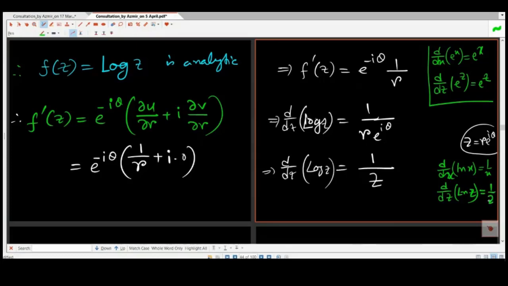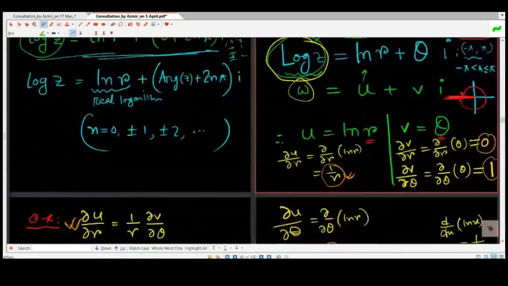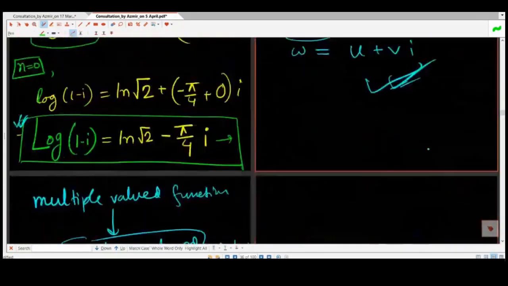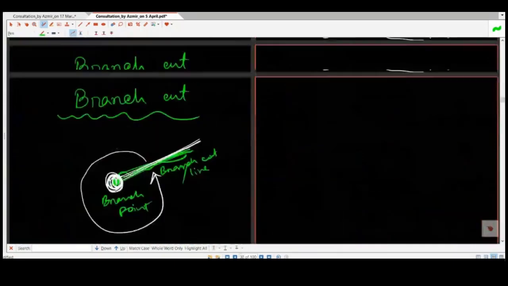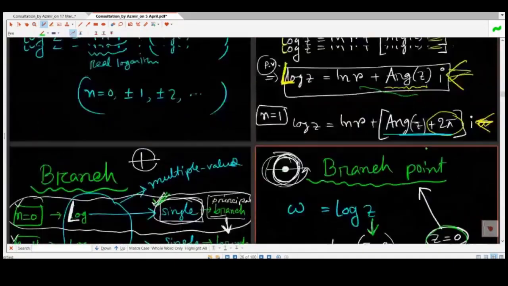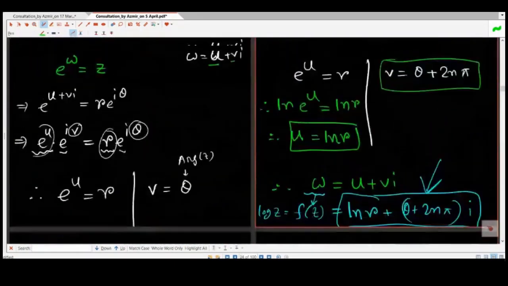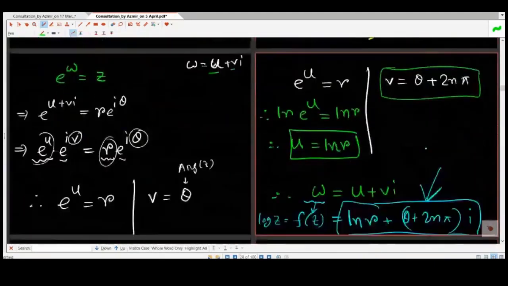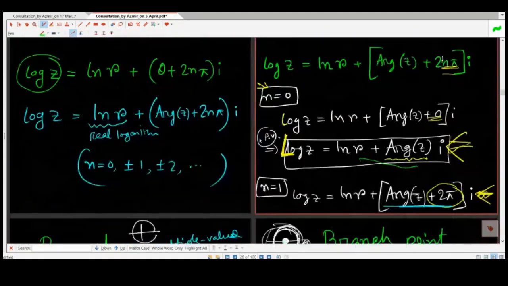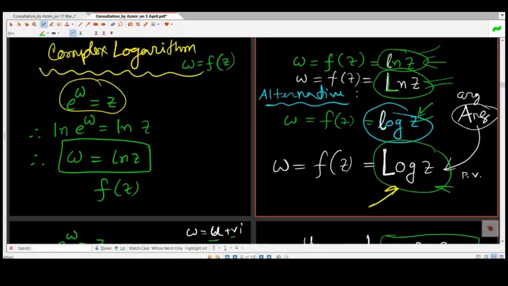is 1 over z. Whenever we started complex logarithmic functions, I mentioned that we have to know all the alternative forms. We know that complex logarithmic functions can be written as natural log of z or log of z.